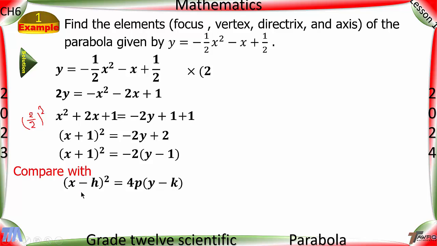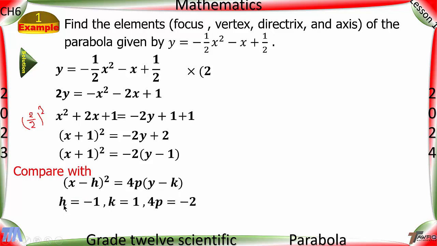Because we have x, we use the x. And now to find the values of h and k, take the value of h with the opposite sign. As you see here, you have plus 1, so h is minus 1. And you have here minus 1, so k is 1.